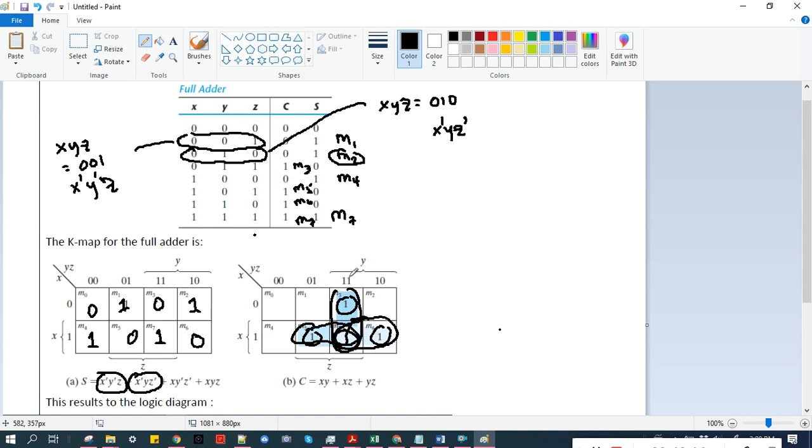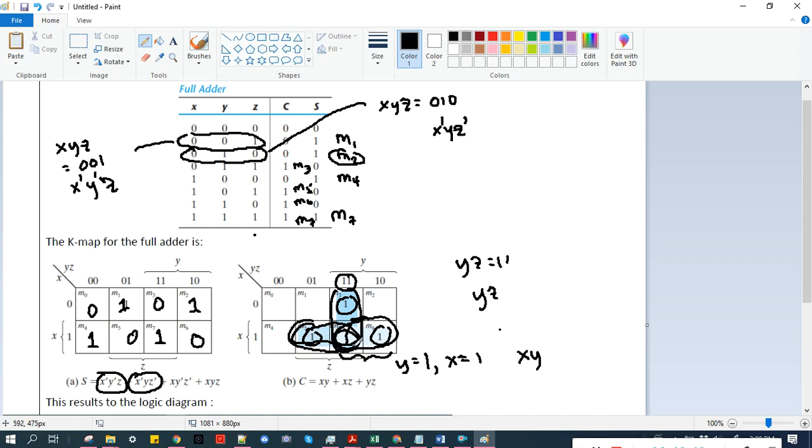The first term is this column, where yz equals 1, 1, and that is yz. For this one, y is equal to 1 and x is equal to 1, so xy.